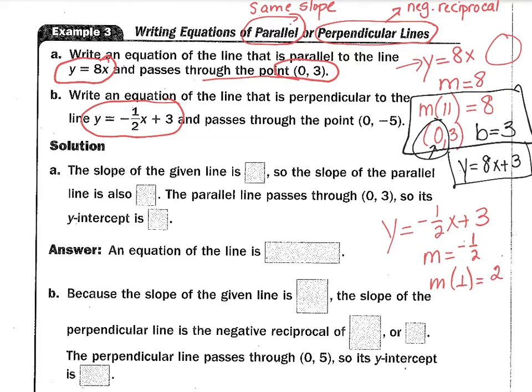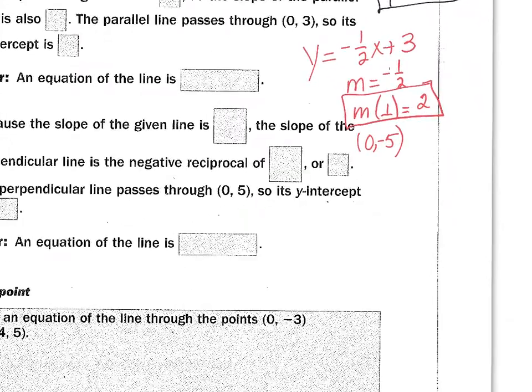So we now know that the slope of the perpendicular line is 2, and it's going through the point 0, -5. What is the y-intercept? What's the y-intercept? What is the y-intercept, Kobe? -5.